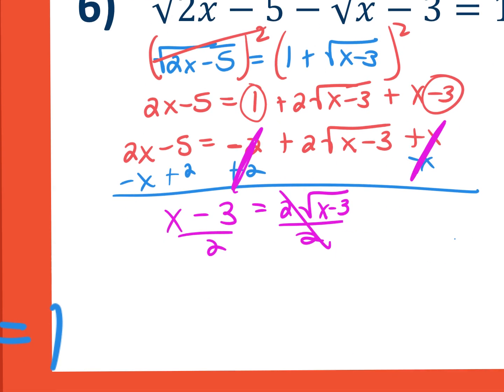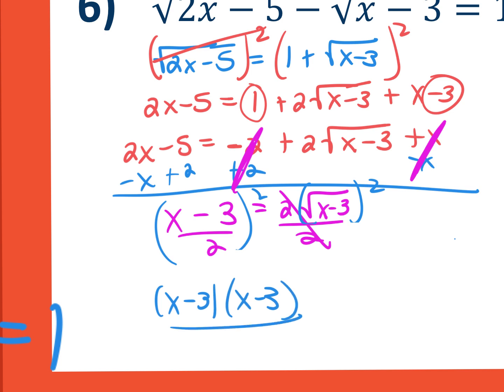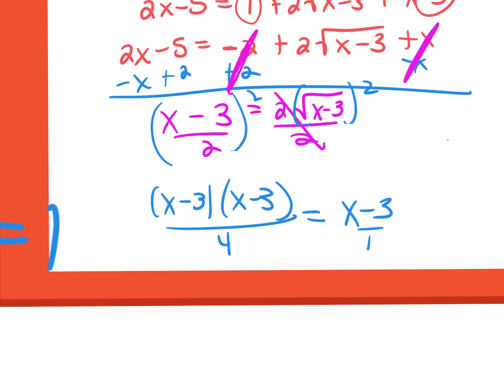So we divide both sides by 2, and then to get rid of this radical, we're going to square both sides. So remember, guys, when you square both sides, it goes to the numerator and the denominator. So we're going to have x minus 3 times x minus 3 over 2 squared is 4 equals x minus 3 over 1.